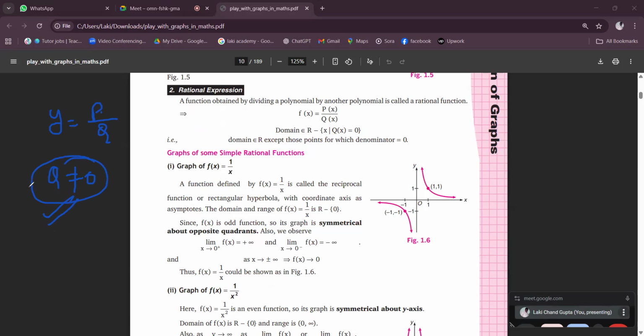So in rational polynomials, the first graph is 1 upon x. The graph of 1 upon x always looks like this. This graph cannot pass through the origin, so there is no intersection point at the origin, right? Note down this.